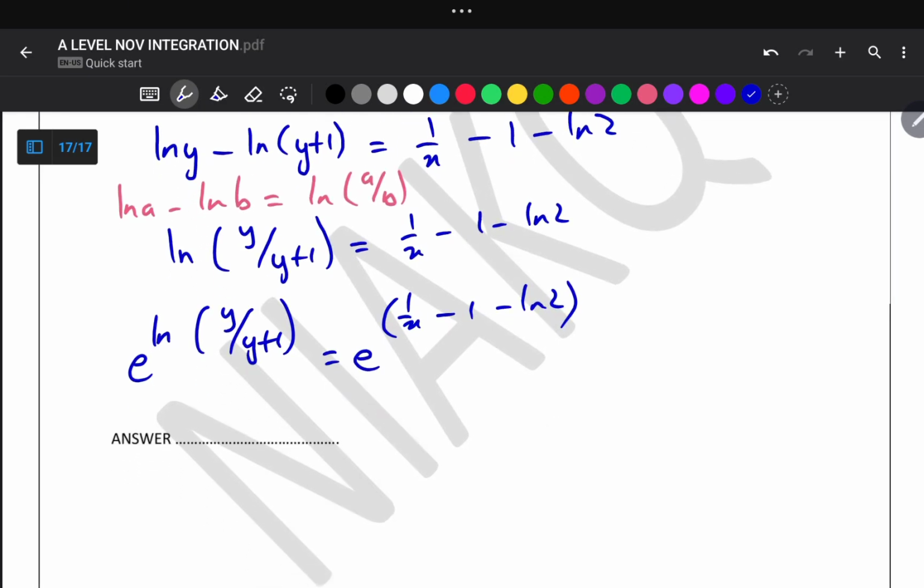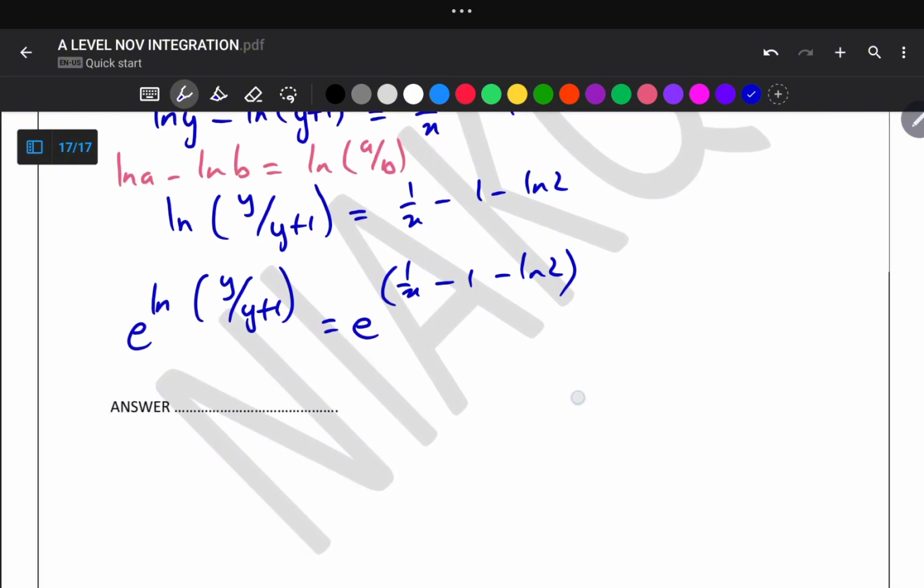So exponential and natural logarithms, these two are inverses of each other. So on the left hand side of the equation, we are going to be left with y over y plus 1 being equal to e to the power 1 over x minus 1 minus ln 2.